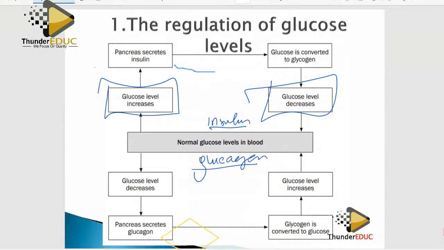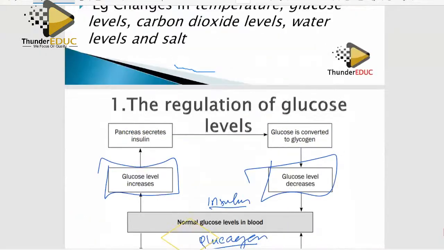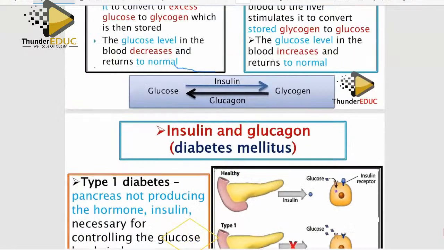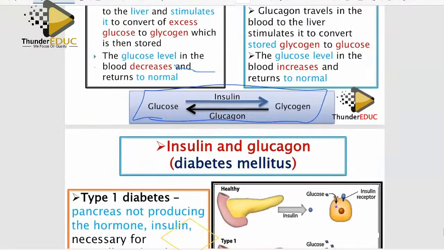If I have too much glucose in the body, glucose is going to be converted into glycogen with the help of insulin. If I have less glucose in the body, the glycogen is going to be converted back to glucose with the help of glucagon.